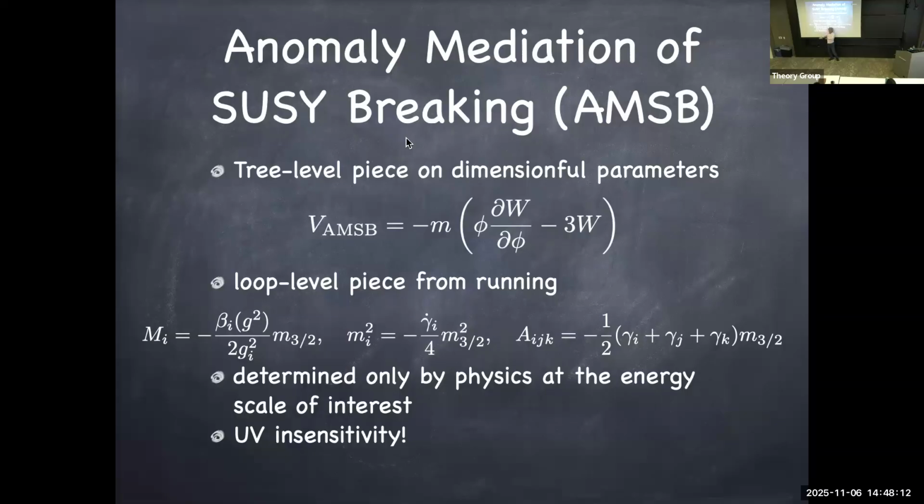You only need to know the particles that exist at the energy scale of your interest. The same here. This is a property we call UV insensitive. So if you have defined the SUSY breaking in the UV theory, you don't need to follow through everything in between. You just go to the IR limit, and just knowing the IR limit, you know how supersymmetry breaking effects would appear in the IR theory, and that's how you can actually end up solving the non-perturbative consequences of gauge theories.